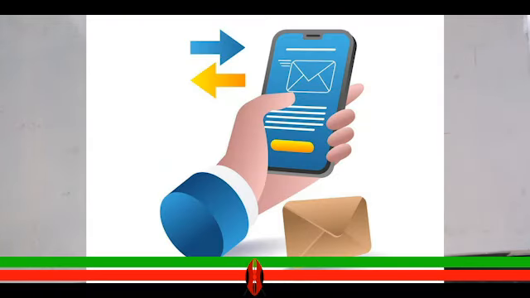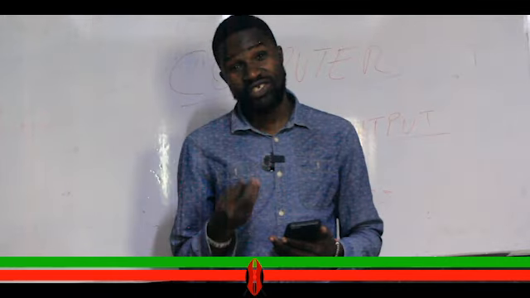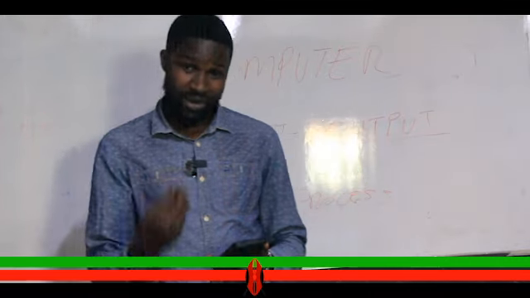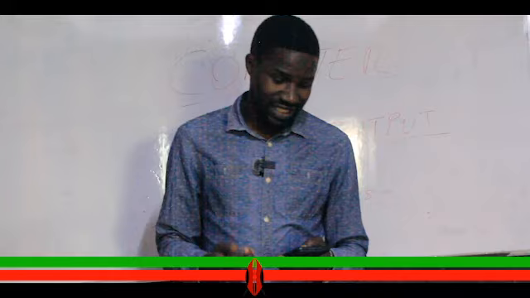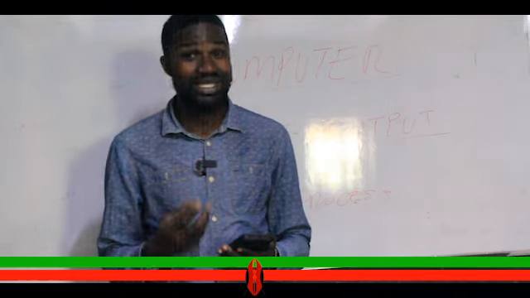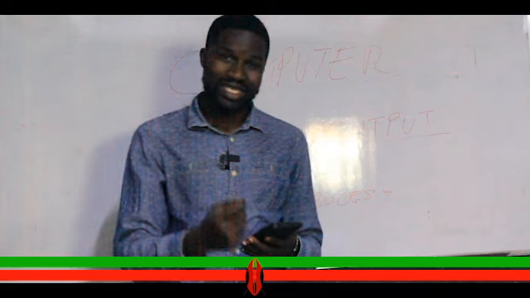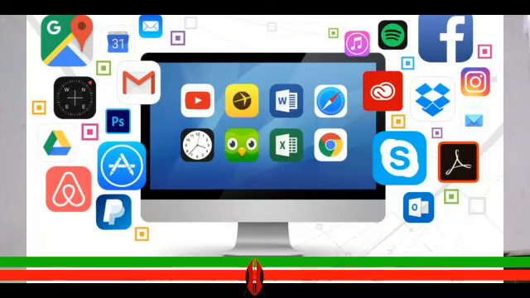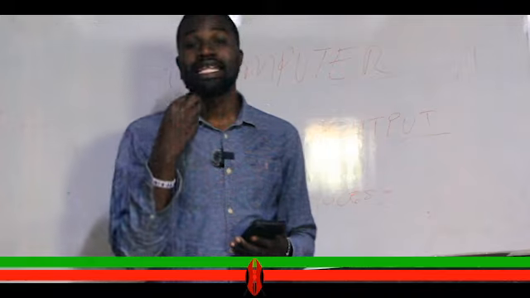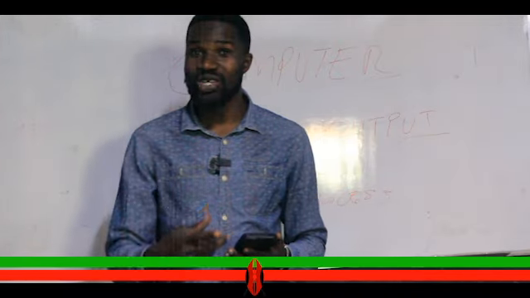You cannot touch WhatsApp because WhatsApp is a program. You cannot touch Facebook because Facebook is a program. You cannot touch Instagram because Instagram is a program. So software is programs that you cannot touch, but they are there to instruct the computer on what to do.